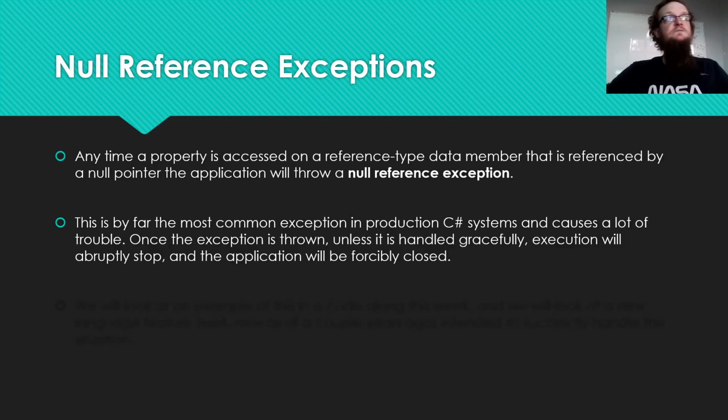The bad news is that once the exception is thrown, unless you have a try-catch or something to stop the exception from propagating, the entire application will stop and will be forcibly closed. If you're only building console applications and dealing with desktop type development, that's kind of okay.